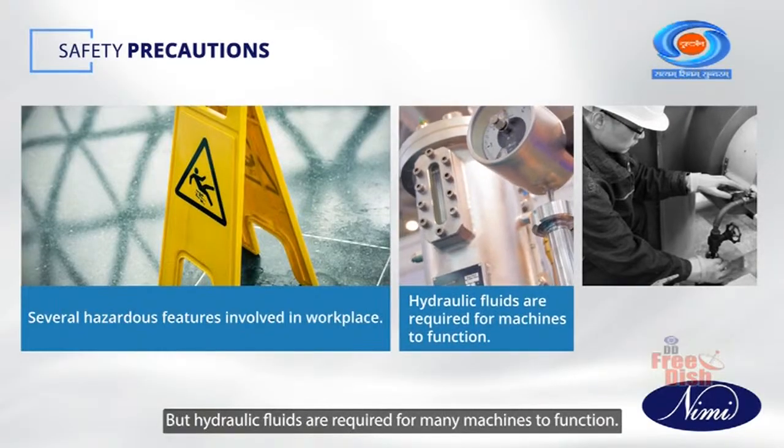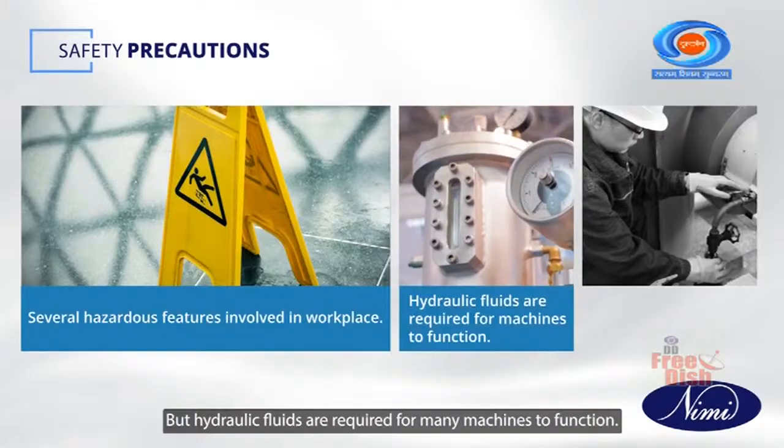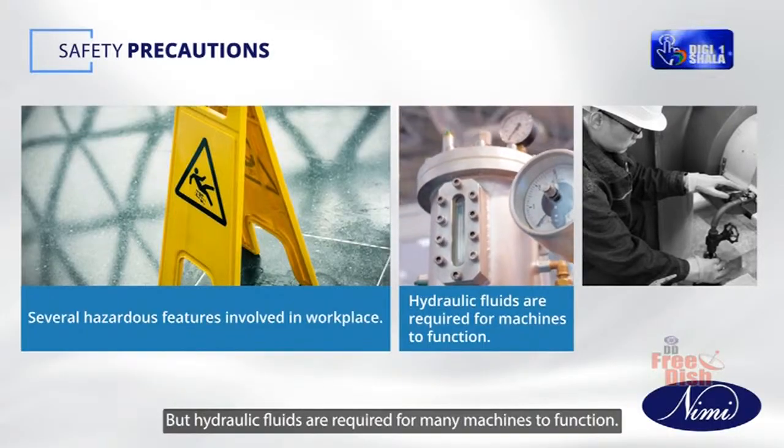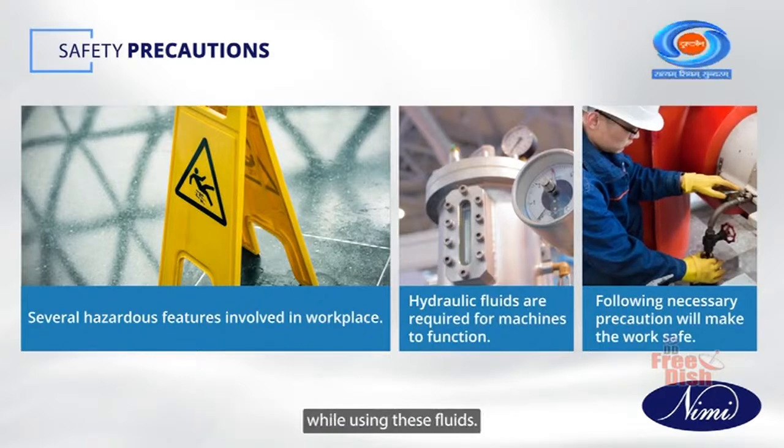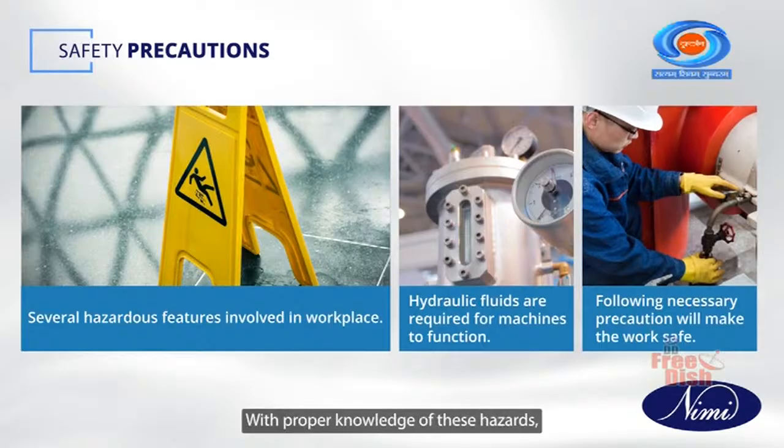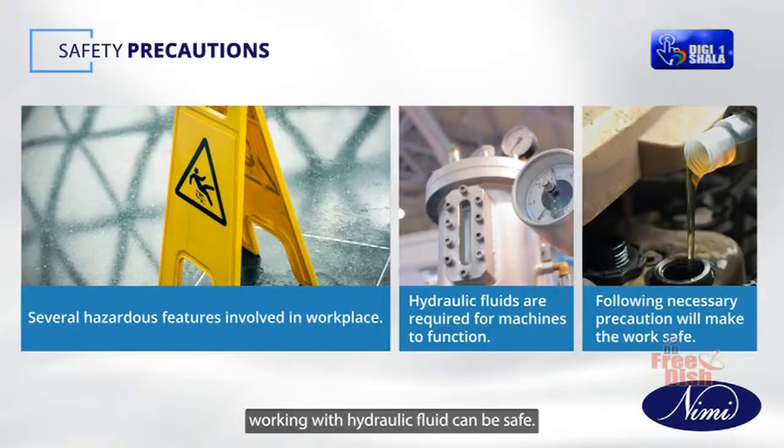But hydraulic fluids are required for many machines to function. Therefore, it is necessary to follow certain precautions while using these fluids. With proper knowledge of these hazards, working with hydraulic fluids can be safe.